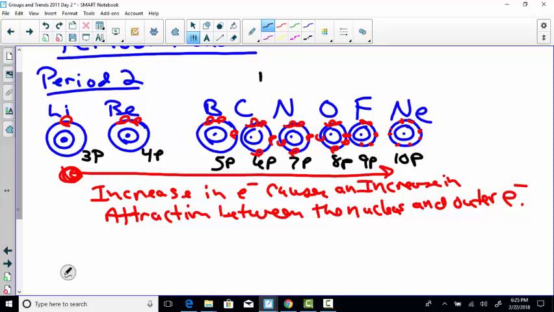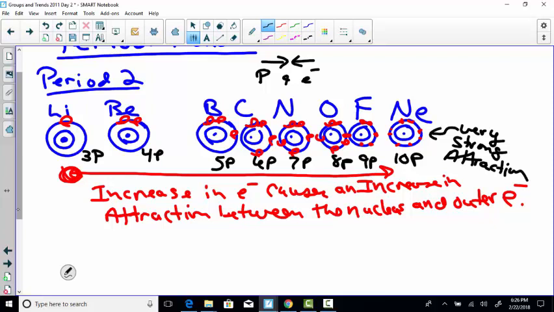So because protons and electrons attract each other, as you go across the period, there is going to be a very strong attraction between the electrons and protons. Whereas over here, there's a weak attraction. Okay? Now, you are probably saying, so what?